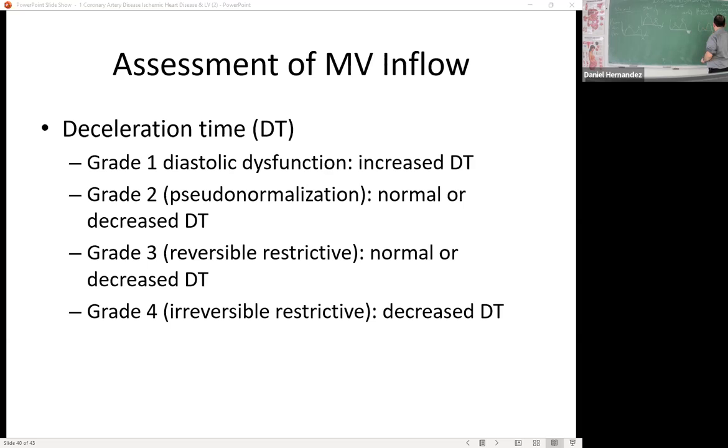And even more atrial reversal, S, D. Even more, and then it just becomes more exaggerated as we move into our restrictive. You get an even larger period of flow reversal during that atrial contraction.